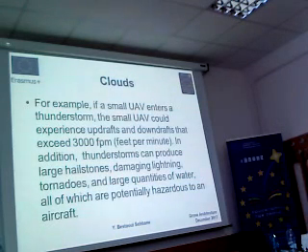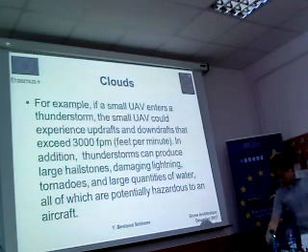If a small UAV enters a thunderstorm, it could experience a draft that exceeds 3,000 feet per minute. The thunderstorm can produce large hailstorms and damaging lightning to the aircraft. So we have to avoid the thunderstorm.